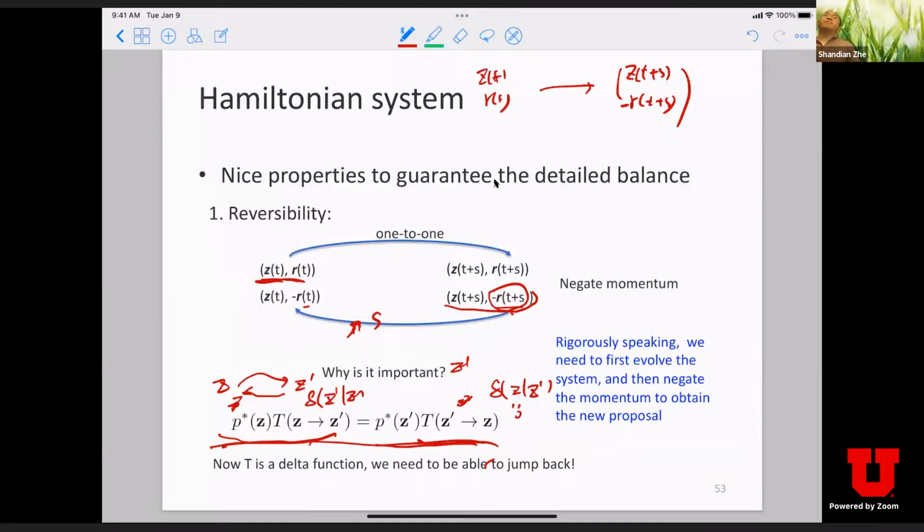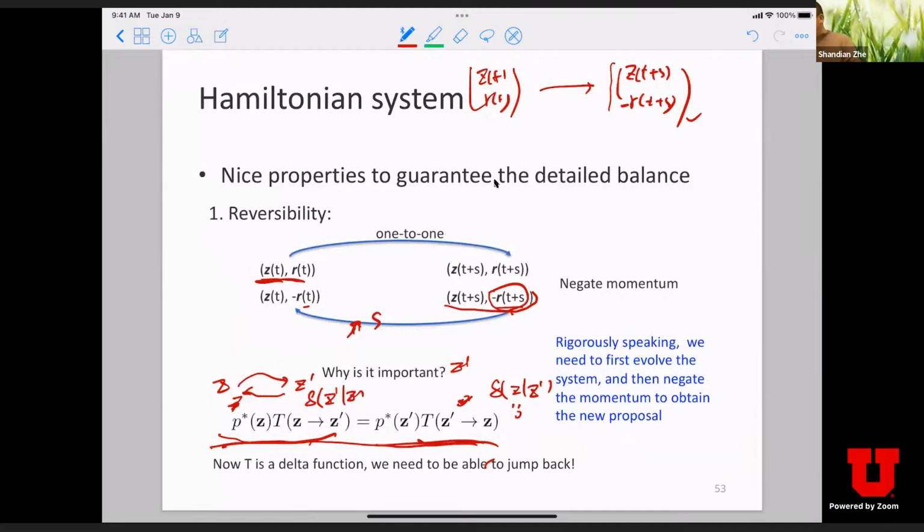This is our state. Then we can show that if your ZT, RT follows some target posterior, and then multiply the probability of ZT, RT conditioned on ZT, RT, you go to this state, is the same as if you suppose your ZT plus S and negative RT plus S are sampled from the target posterior.